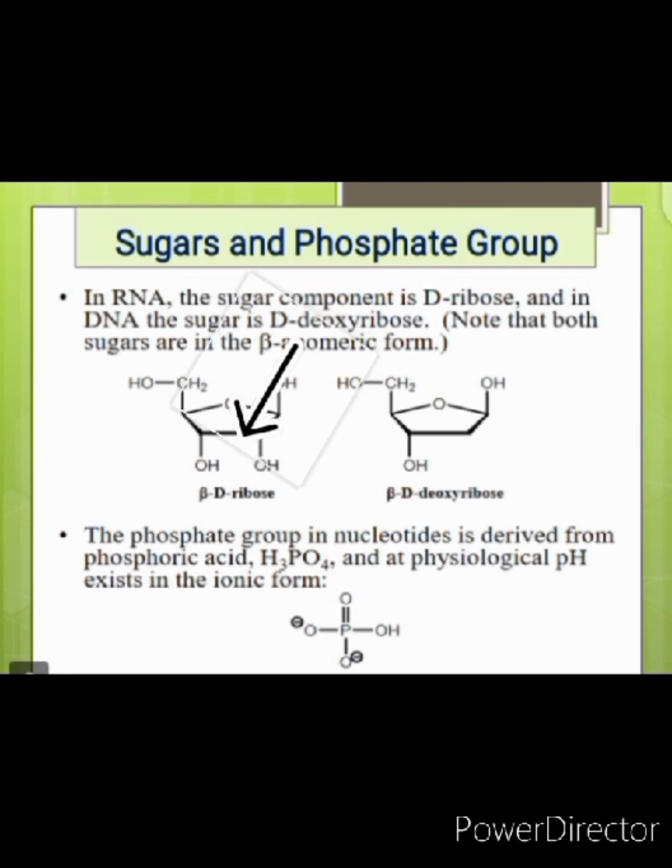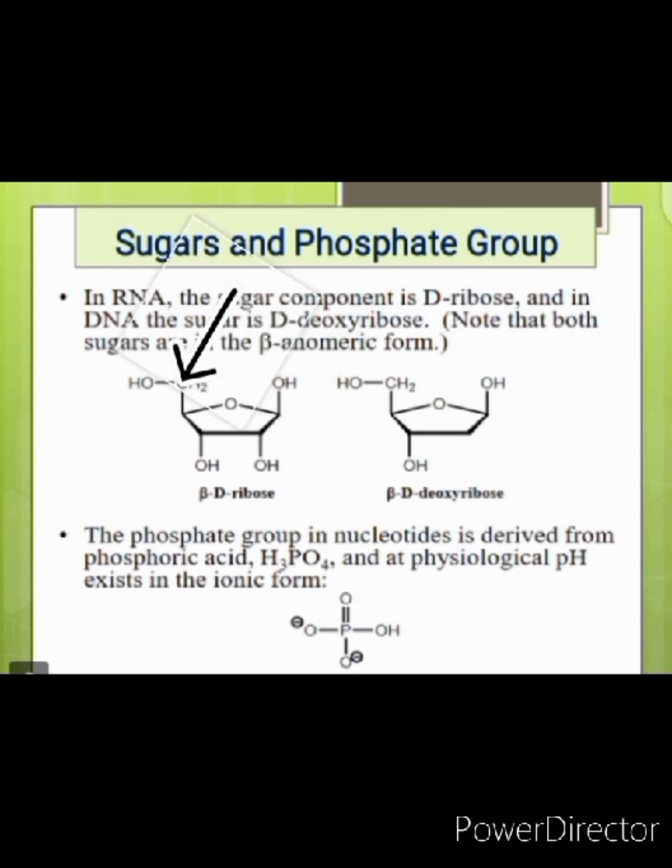And the third carbon has the hydroxyl group. It helps to connect us to the next nucleotide. In carbon 4, the ring carbon is created here. This is the ring carbon because, as we can see, carbon 4 and carbon 1 are connected by the ring structure.